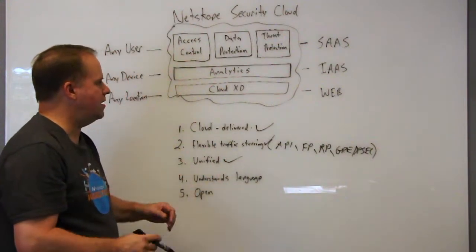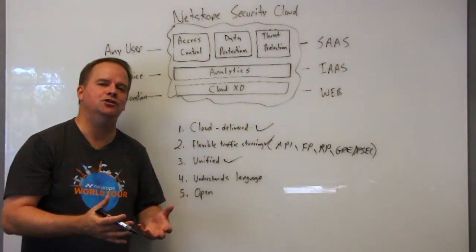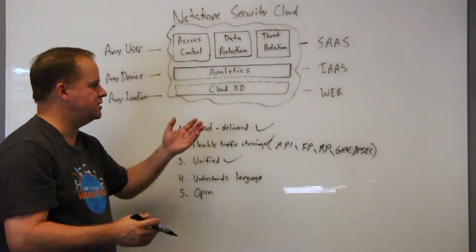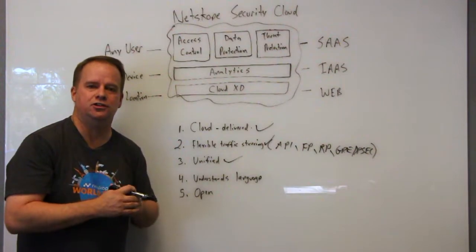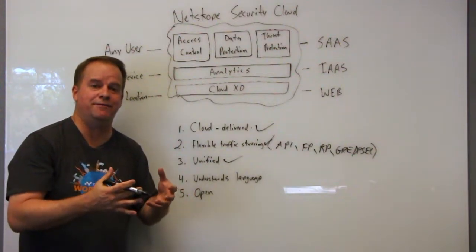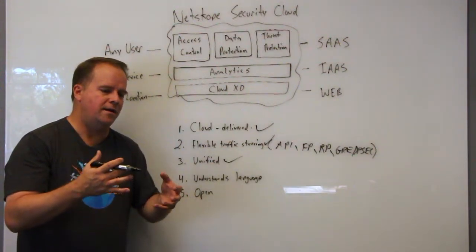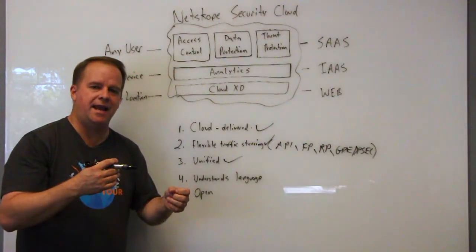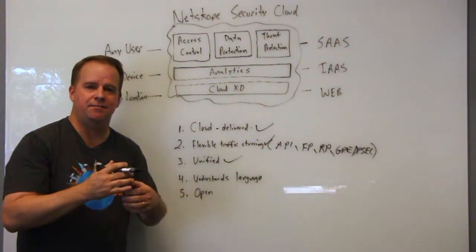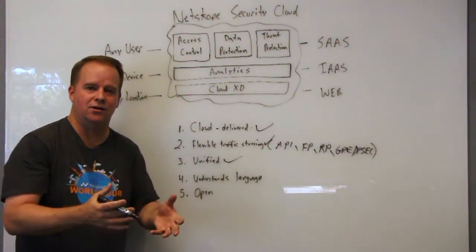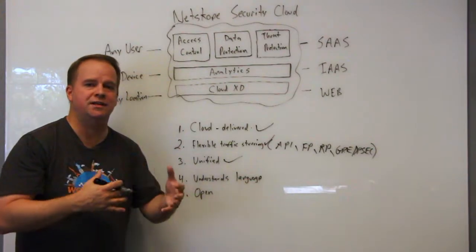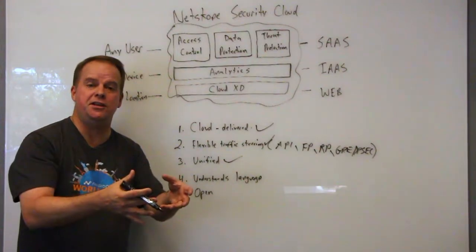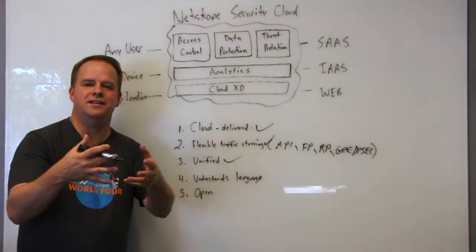Now, the next requirement is understanding the language of today's cloud and web. And this is a biggie. This is where Netskope supports Cloud XD, our patented technology. XD stands for Extreme Definition. What Cloud XD allows you to do is understand activities that are taking place across the cloud and web, extracting rich contextual details about the user, the device, the location, the activity they're performing, and the sensitive nature of the data.